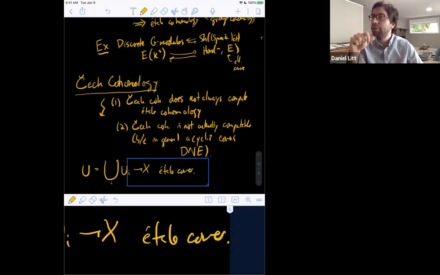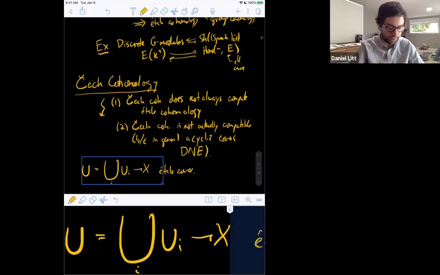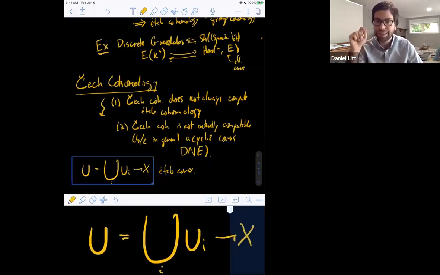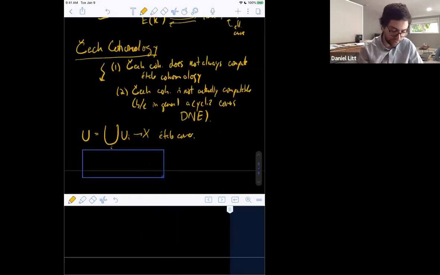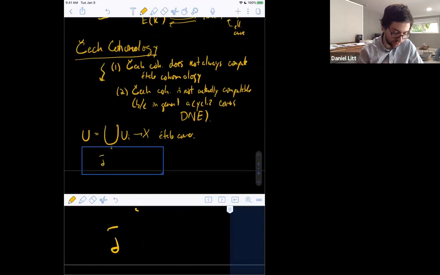If Nicholas was here, he would probably complain that this union may only be locally finitely presented and not finitely presented, and I will avoid that by saying that I am working in what I originally called the étale site, so with locally finitely presented things. And suppose I have some abelian sheaf F, which is a sheaf on X étale.